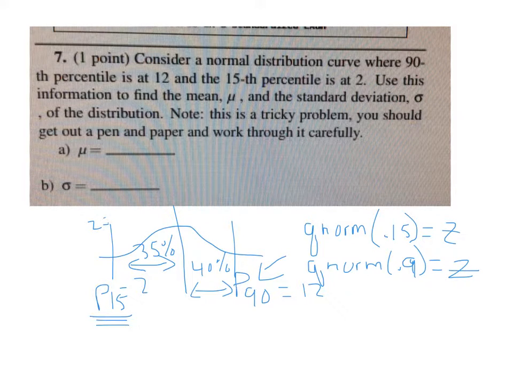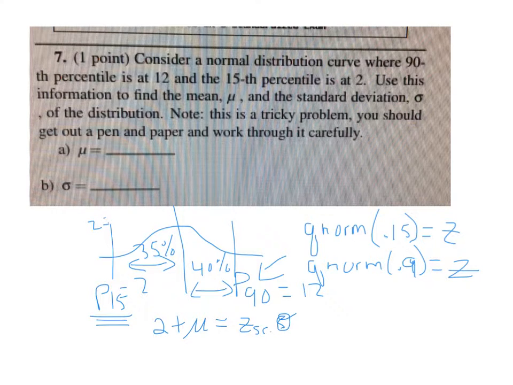What we want to do from there is create 2 equations, because if we know the z-score and we're trying to find sigma, then we should be able to make an equation for the bottom one: 2 plus mu is equal to that z-score times the standard deviation, or sigma.